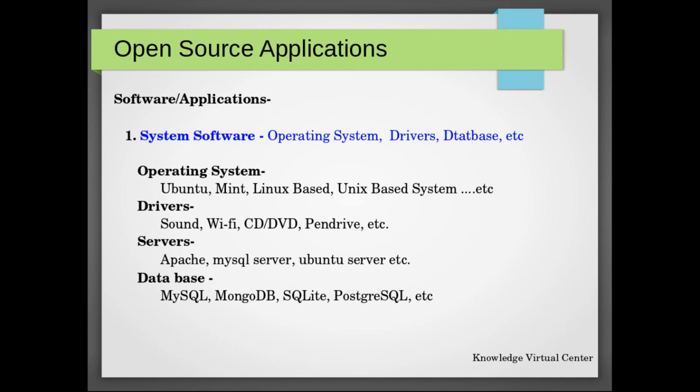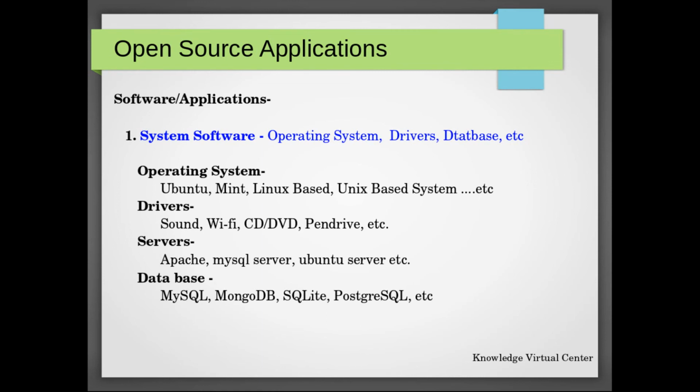Next, the server. All operating systems have their own server. Similarly, open source applications also have their own servers, called Apache, MySQL server, Ubuntu server, and so on. Those are very famous, and some of them are built in when we purchase the system. For example, in an Ubuntu system there will be an Apache server.